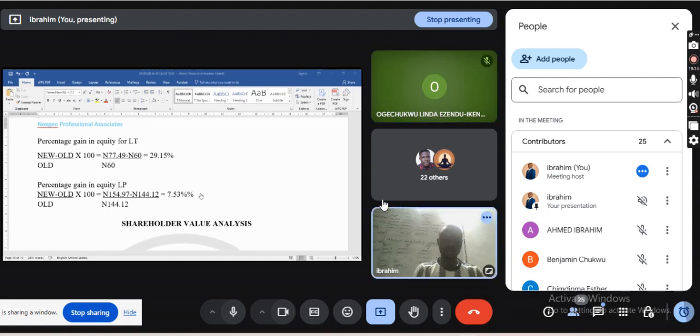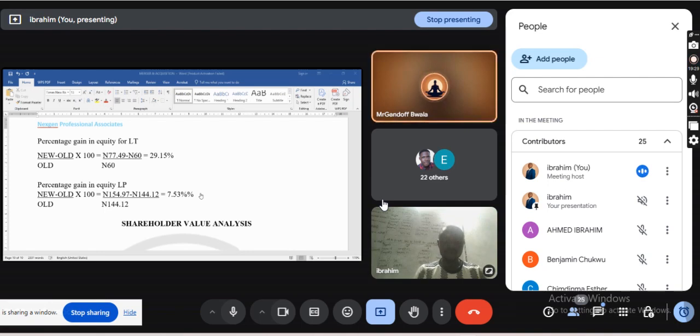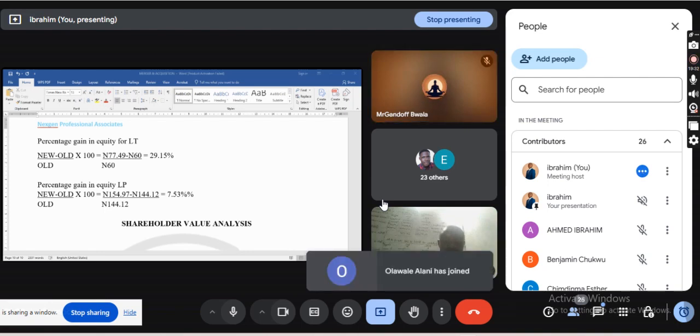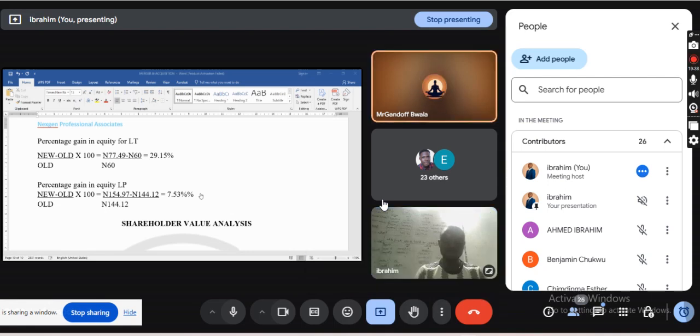In the text, there was something that says competitive advantage period. Is that supposed to be like the length of the project? Yes, yes. Okay, sir. Thank you. Any other question, please?